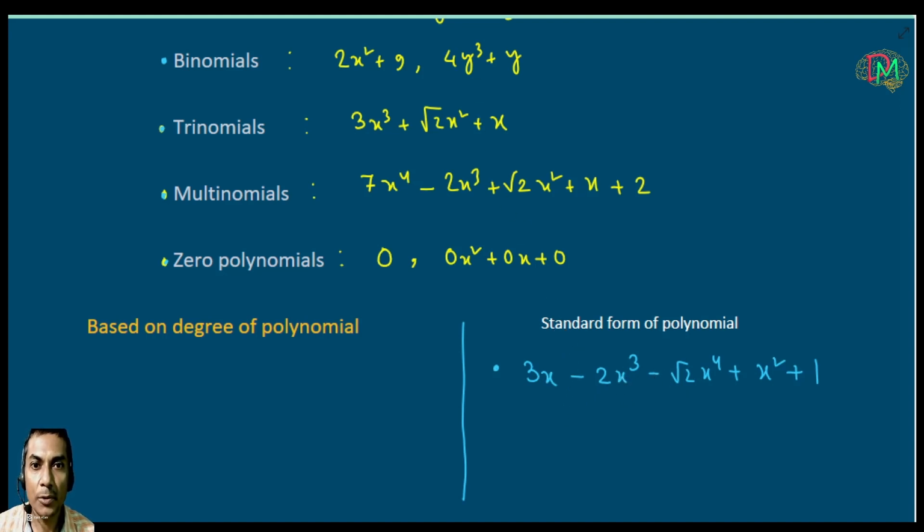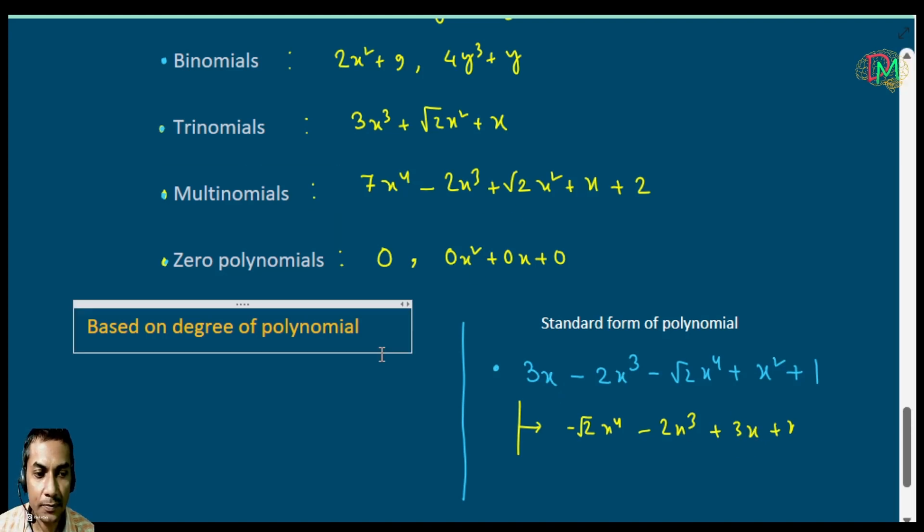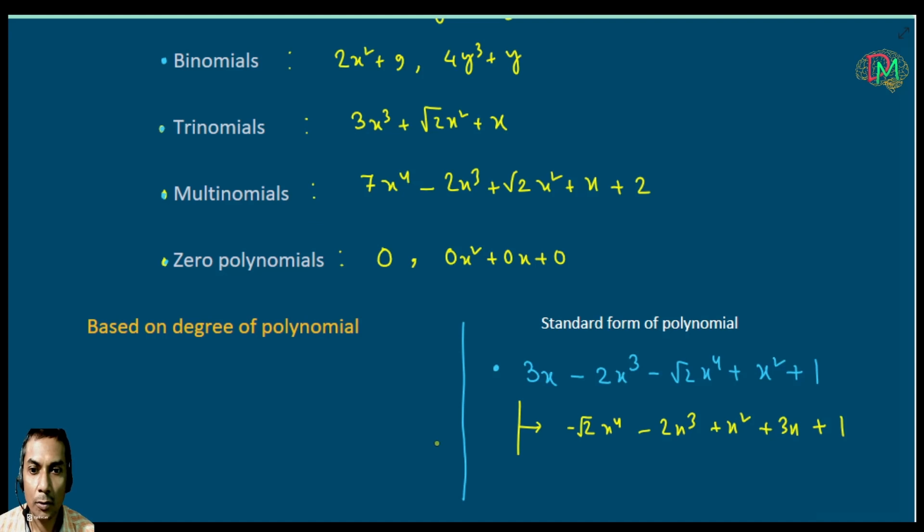So first we have to arrange it in either ascending or descending order. Clear? So we can write it as minus root 2 x to the power 4 minus 2x cube plus x square plus 3x plus 1.